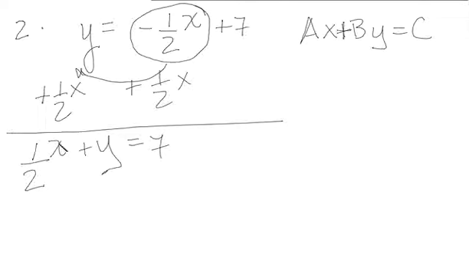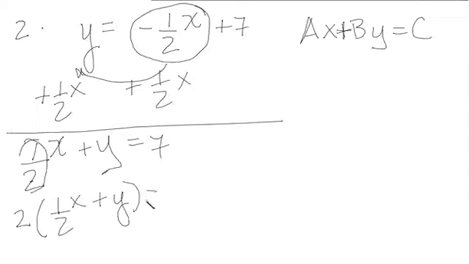Is this in standard form? No, it is not, because of this 1/2. What can I multiply 1/2 by to get rid of that denominator of 2? If you said 2, you'd be right. So 2 times this whole left side of the equation, and we make sure we multiply by 2 on the right side too.